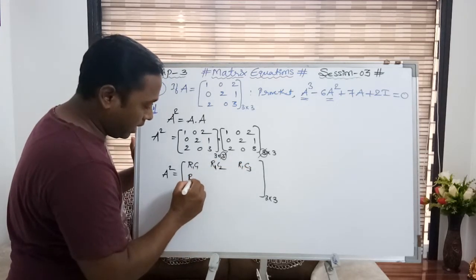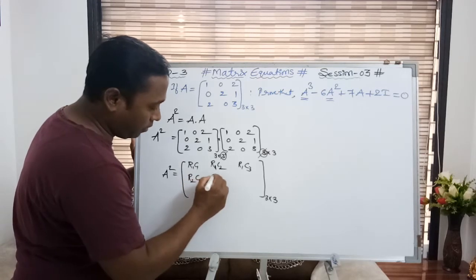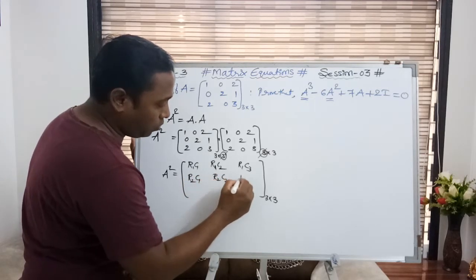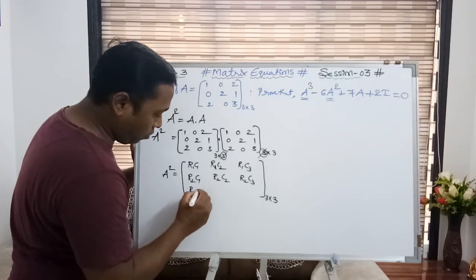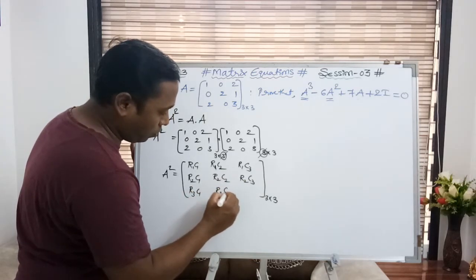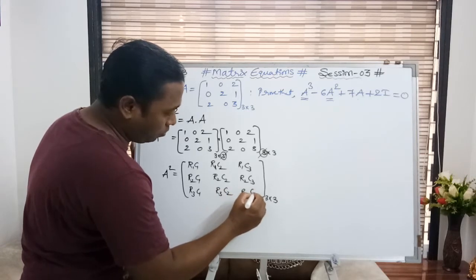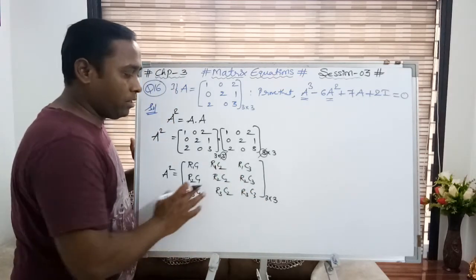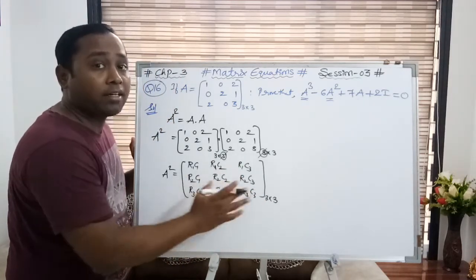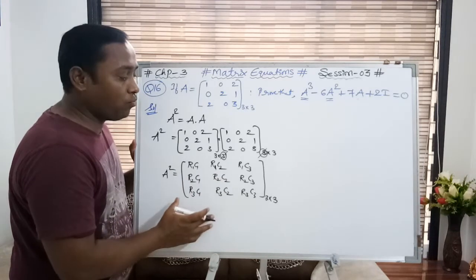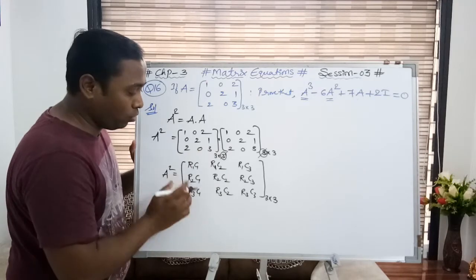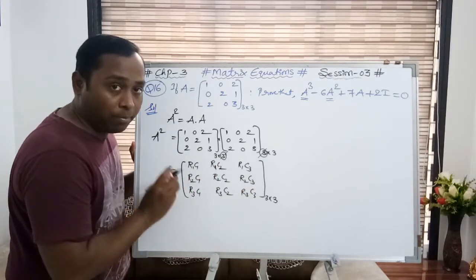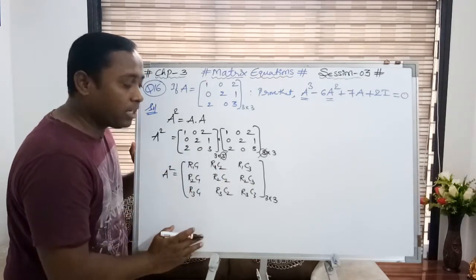Then second row column 1, second row column 2, second row column 3, third row column 1, third row column 2, third row column 3. So first I am writing the format which I require, which we are going to obtain after doing the multiplication. So I require 9 elements, 9 results in a product.